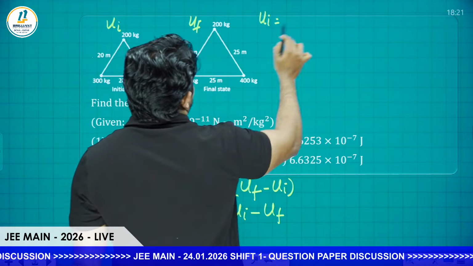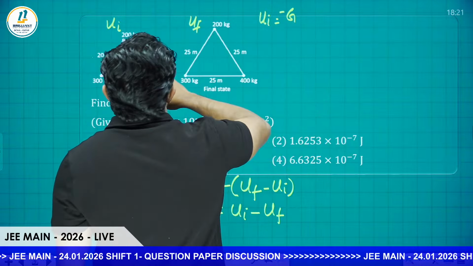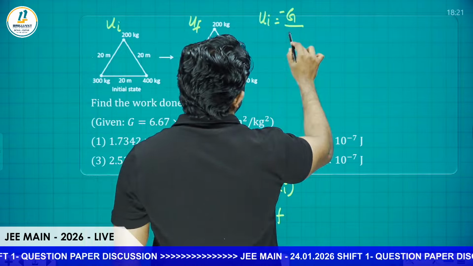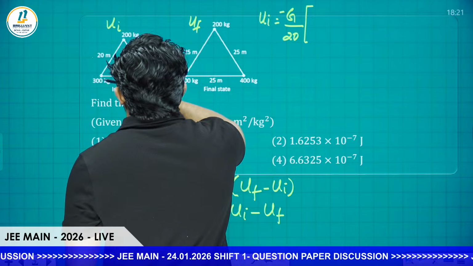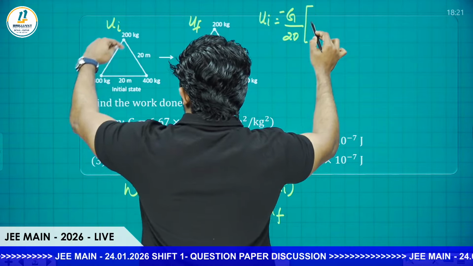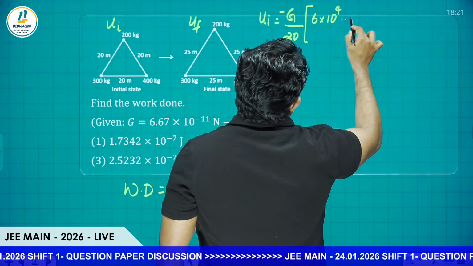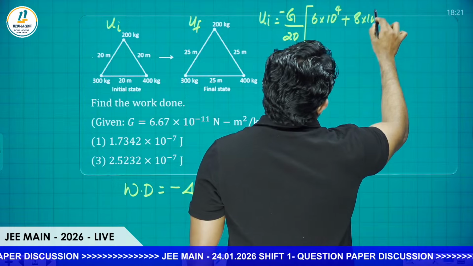So what is U initial? You can see that it will be minus G. All the masses are, the combination will be different, but the distance will be the same, right? 20 will be the distance. So I can write it like 200 times 300, I am going to write it as 6 times 10 raised to 4. Then plus 8 times 10 raised to 4.